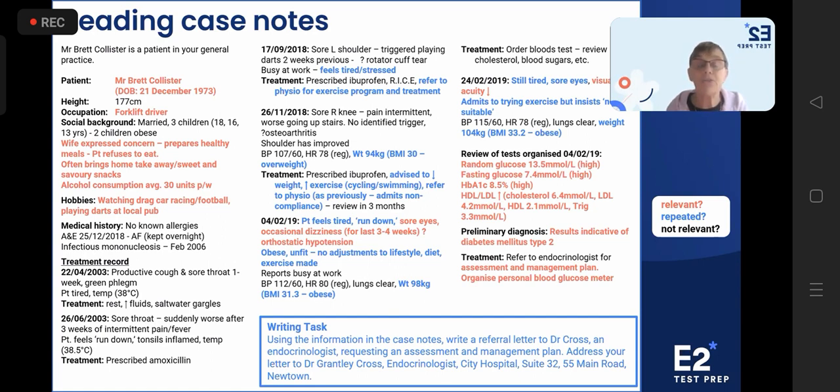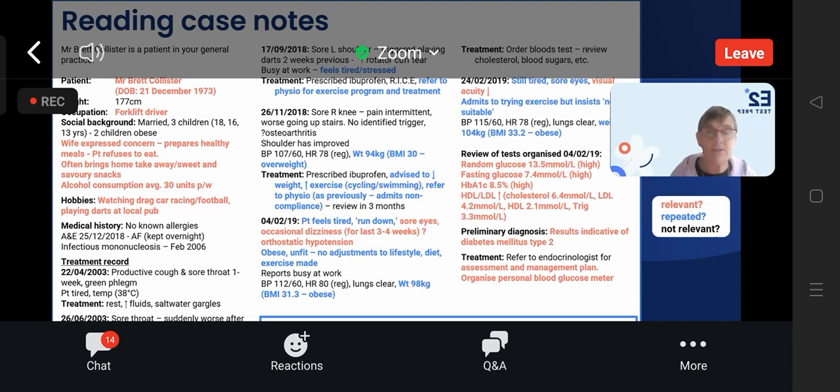The cholesterol increased. All these sorts of things. You've got a preliminary diagnosis of type 2 diabetes, alrighty. And it's your job now to refer to that endocrinologist for assessment and management. And also to get the endocrinologist to organize a personal blood glucose meter for Mr. Collister.